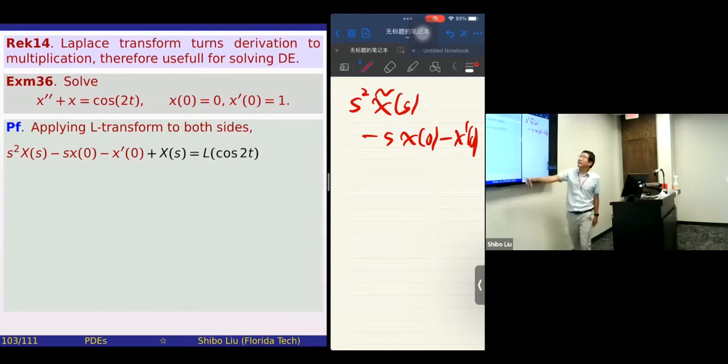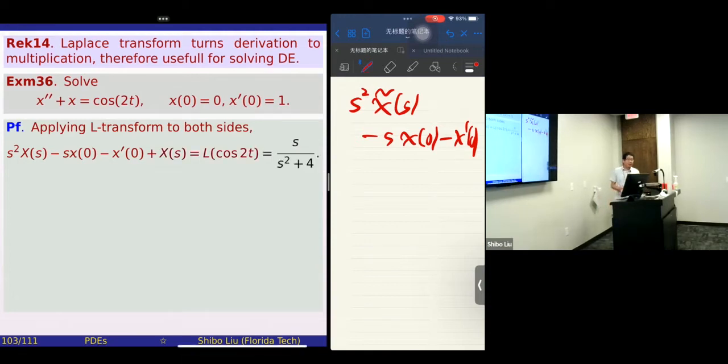You can check the Laplace transform of this function. Then you see that the Laplace transform of this function is s divided by s squared plus 4. Of course, you can compute this by the definition of the Laplace transform, but that takes some time, maybe 20 minutes of computation. But you can check the table of Laplace transforms to get the result.